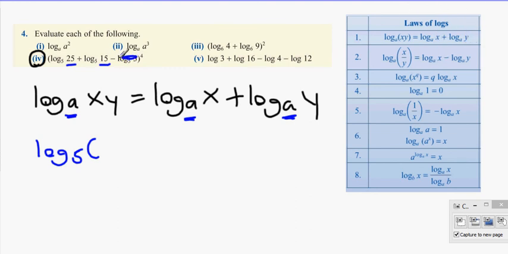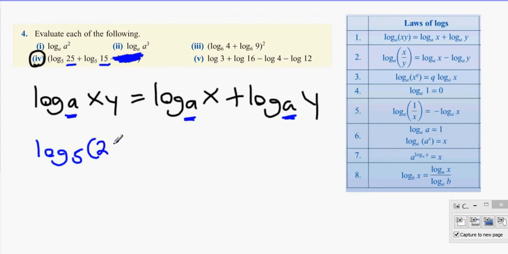I ignore the third part. I ignore the power. I'm just purely concentrating on log 25 to the base 5, log 15 to the base 5. In the a's position of the rule is the number 5. That means anywhere I see a, I put 5. X is the first number that I'm adding, therefore x is 25. Y is the second number, therefore y is 15.